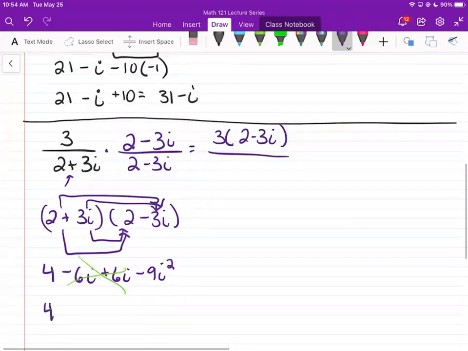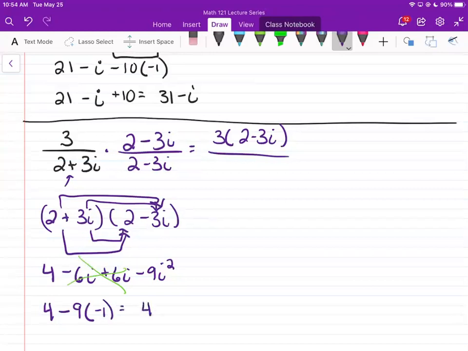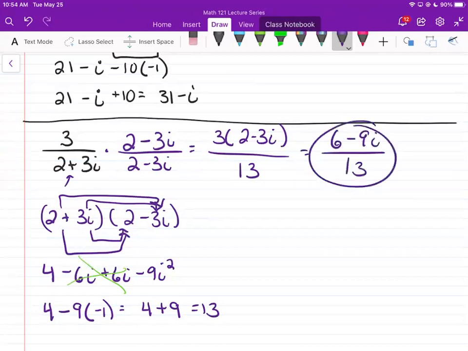Notice, however, when we're dealing with imaginary numbers, this last term, we have negative 9, but i squared, if you remember, is -1. So this is going to become 4 plus 9, which becomes 13 for our denominator. Nothing here cancels, and so we're left with 6 minus 9i over 13.